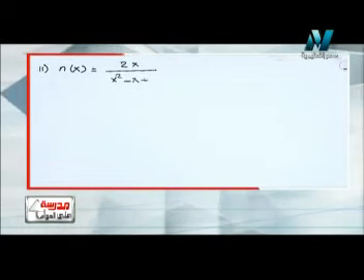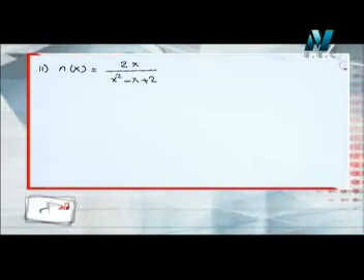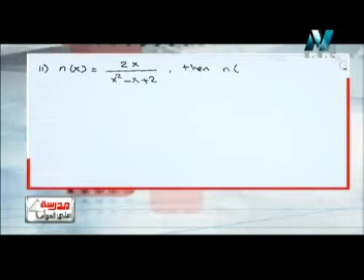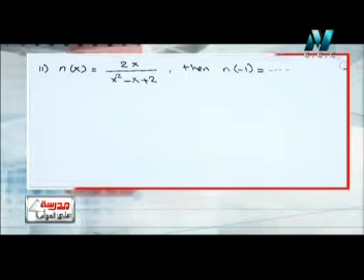In number 11 it says n of x equals 2x over x power 2 minus x plus 2. And the question says then n of negative 1 equals.